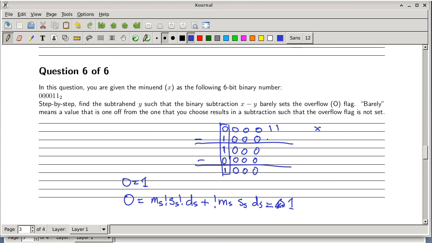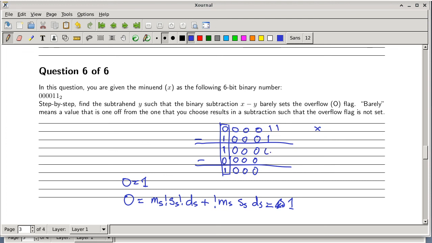If we put a 1 here, that means we're looking at a less negative value. So which one do I want? Less negative value, right? We want a less negative value because we want to just barely set the flags. So that means I want this to be a 1. If I have a choice, I would choose a 1 because that makes it less negative.